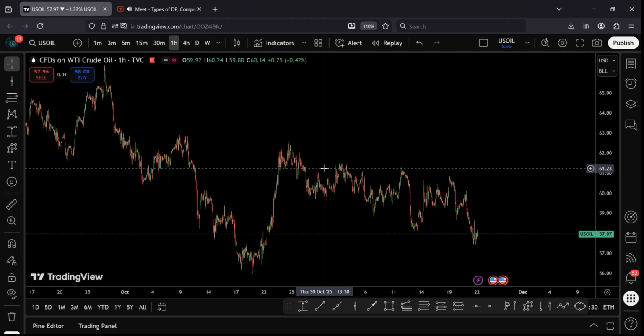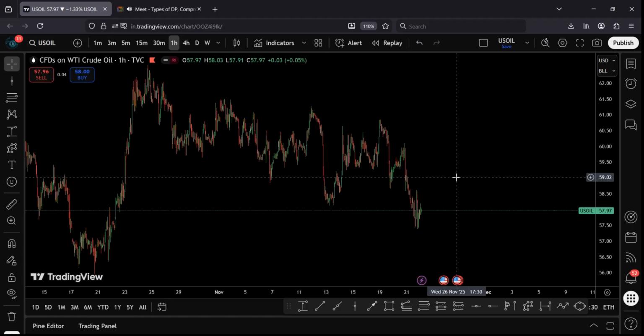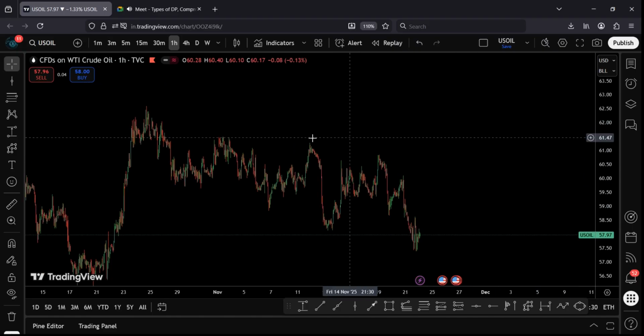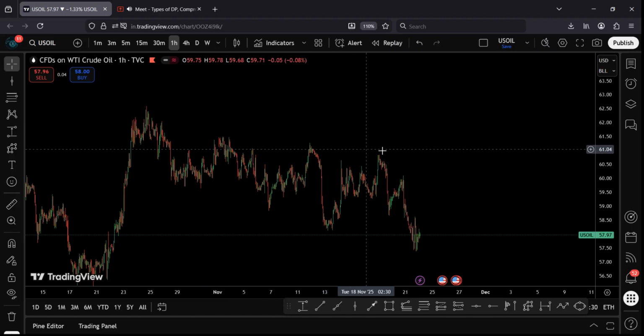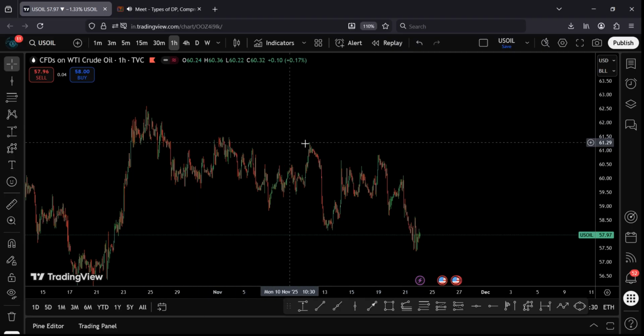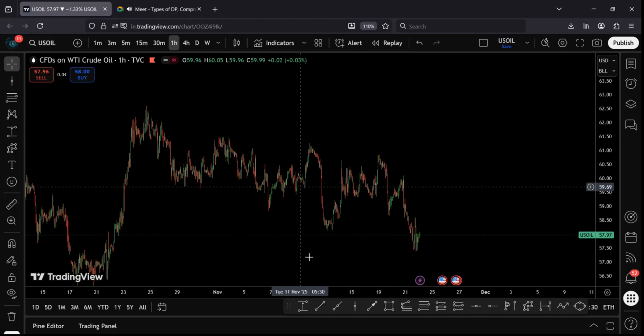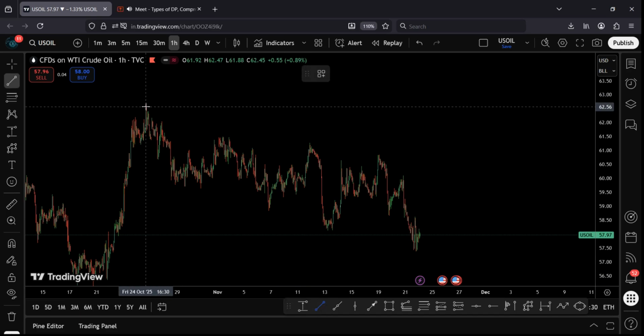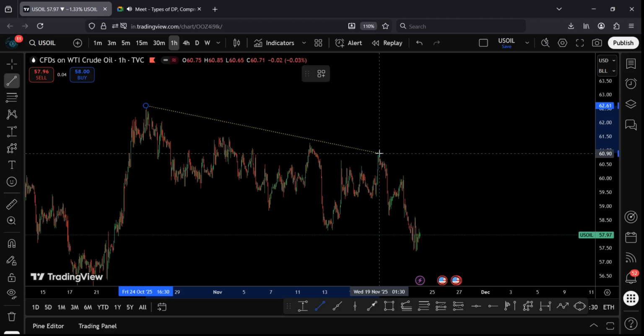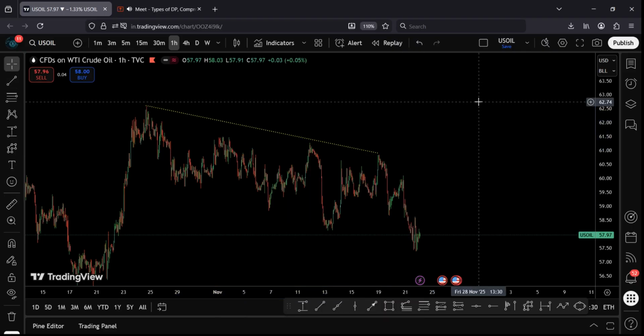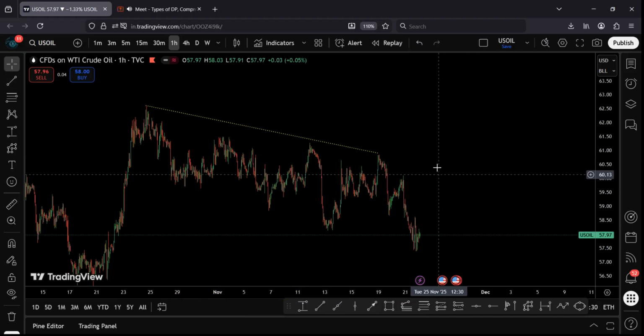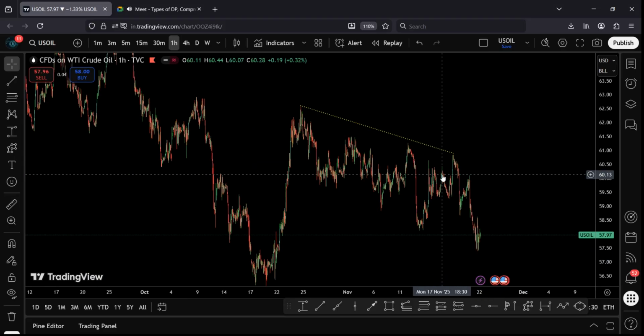Focus like this one. Look at the compression from here to here. Price is compressing from here to here, right? And we will see how this is happening from here to here. This is also possible, the price goes up, came down again.